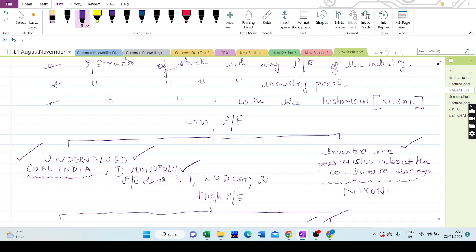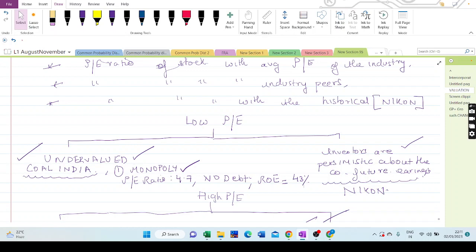Look in Google, find what its return on equity is. As far as I remember, its return on equity was 43%. Its return on equity was very, very high. What does a return on equity of 43% tell you? We had discussed ROE in the last class when we were discussing SGR, sustainable growth rate. What was ROE? 43 cents for every dollar.